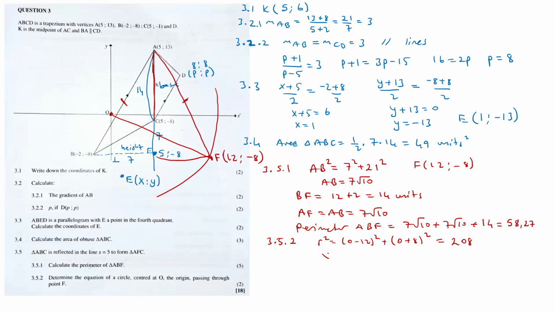Since the centre is the origin, (x minus 0) squared plus (y minus 0) squared is equal to 208. If you simplify that, x squared plus y squared is equal to 208.